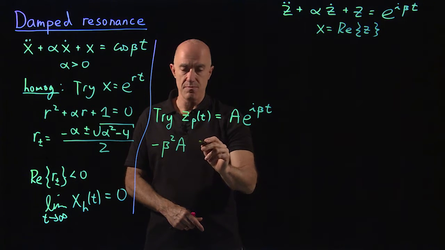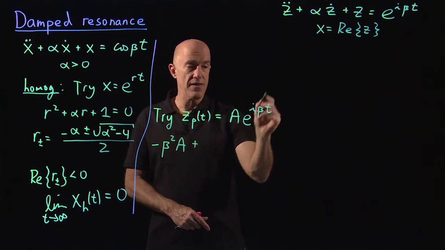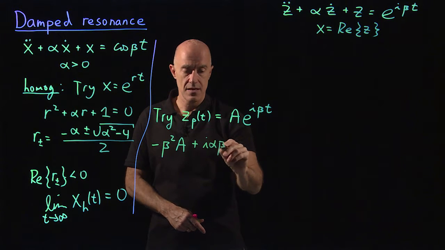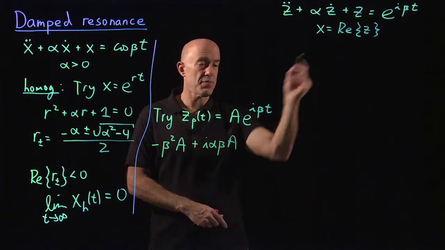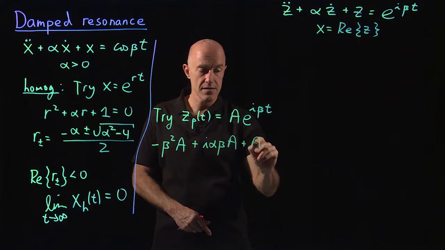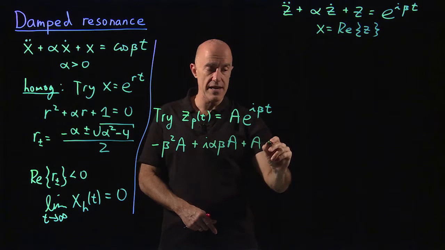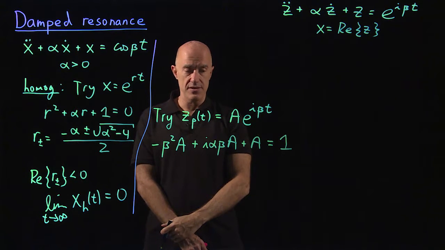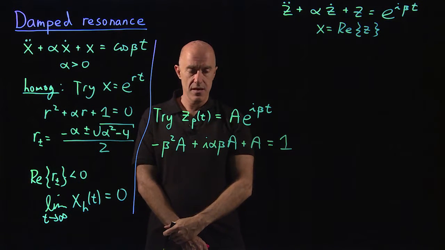So we have plus alpha i beta a, plus z, that will be plus a, and that will be equal to the right-hand side, which is 1. And I cancel the e to the i beta t.